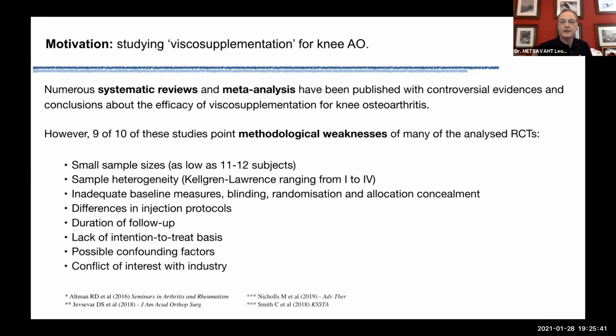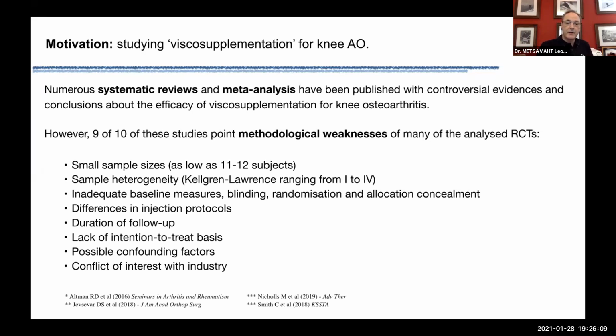There are some RCTs with 11, 12 subjects analyzing subjective scores like WOMAC. Heterogeneity, with Kellgren-Lawrence ranging from 1, where maybe just an insole would help this patient, to 4, where a total knee would be needed.